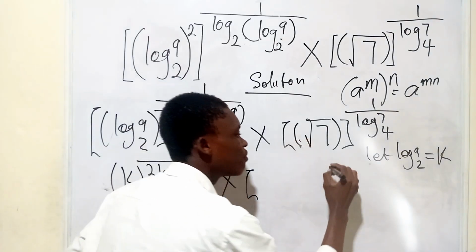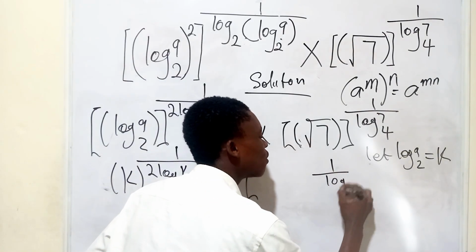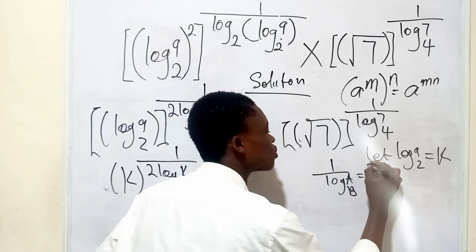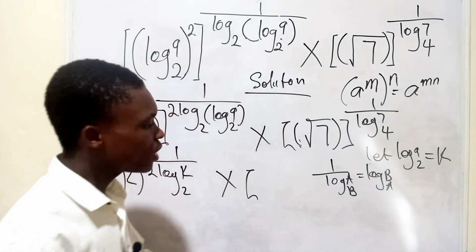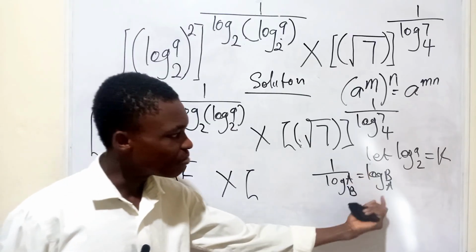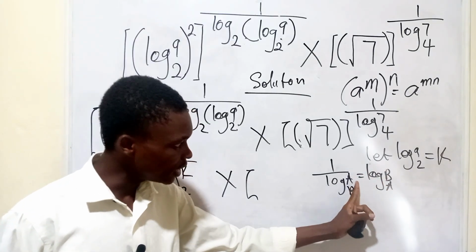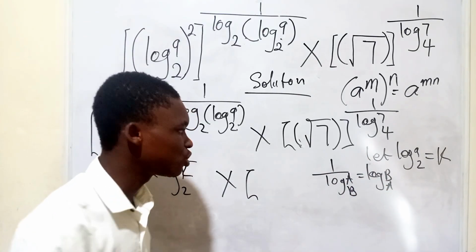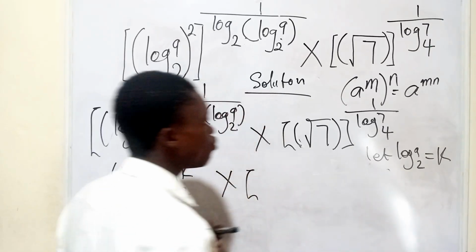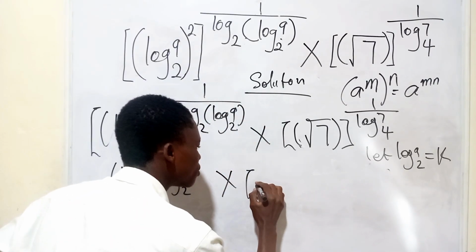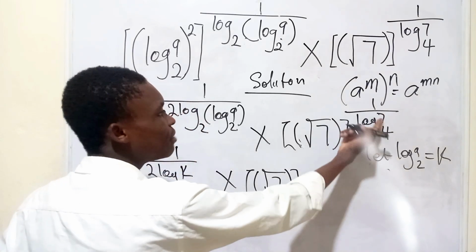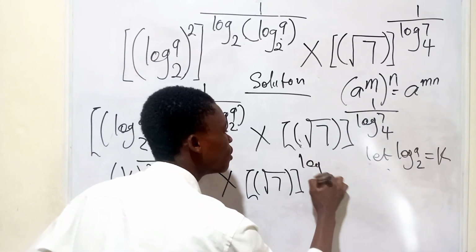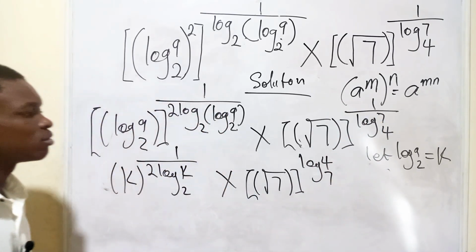We know if we have 1 by log a base b, this equals log b base a, because when the log appears as a fraction, the log and the base interchange their position. So let's apply that rule here. We'll have that this is the square root of 7 raised to the power, the log and the base will interchange, so this is log 4 base 7.